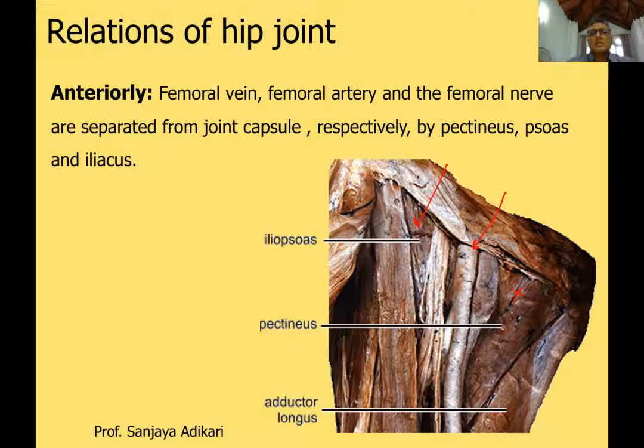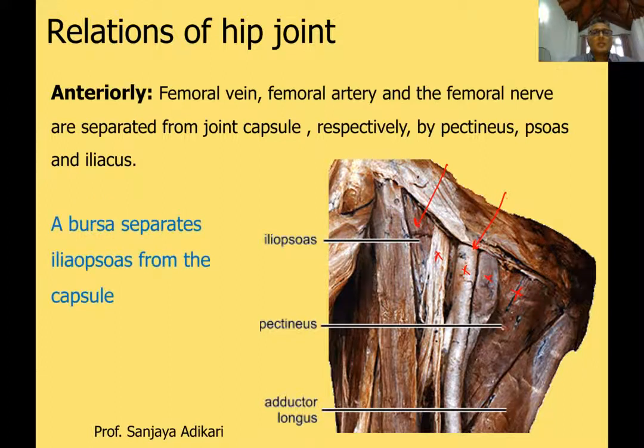These 3 muscles lie immediately in front of the joint capsule, separating the capsule from the femoral nerve, artery and vein. The 3 muscles: pectineus, psoas and iliacus. Then there is sometimes a bursa separating the iliopsoas from the capsule.